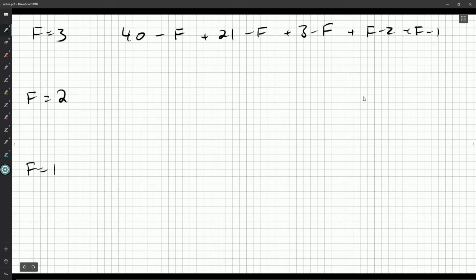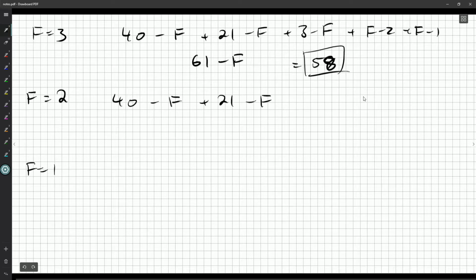Okay, here what are we going to get? We'll get 61 minus f. And the smallest, well, f is 3, isn't it? So that'd be 58 floors. Okay, everyone would have to go 58 floors in total.